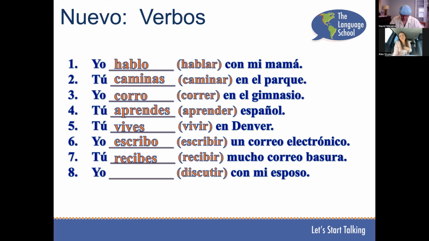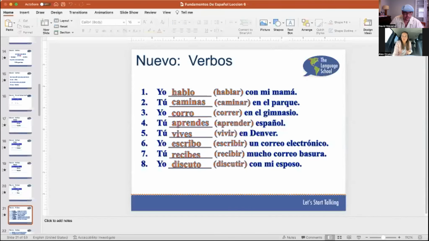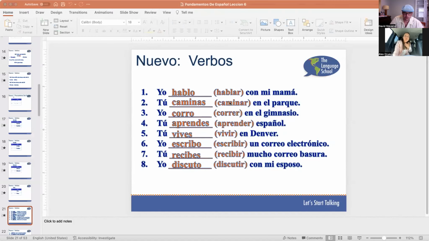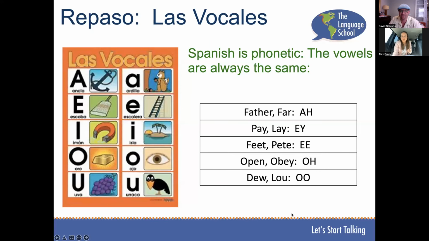Con mi esposo. Good. All right, I want to go back and do something real quick with you. So bear with me here, 2 seconds. Correo. So remember, when it comes to pronouncing, Alex, Spanish is really easy. You just follow the vowel sounds. The one thing is you have to have these vowel sounds super solid.